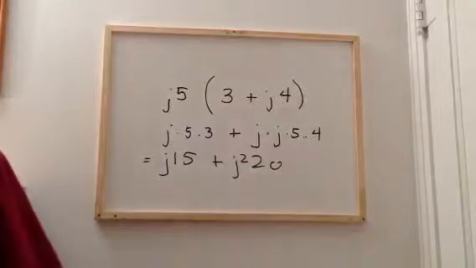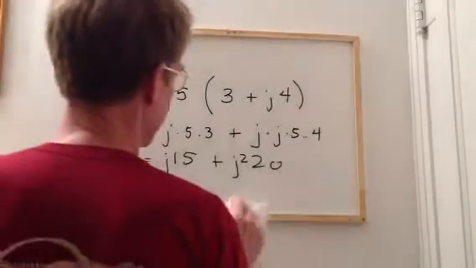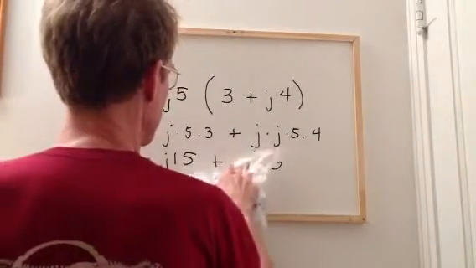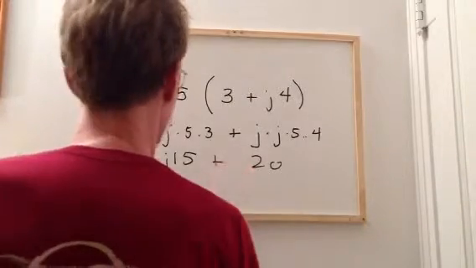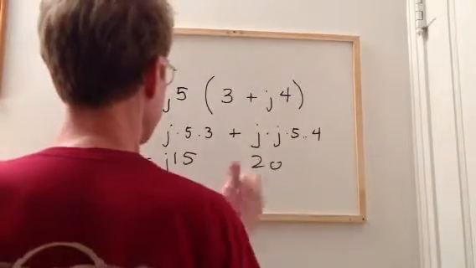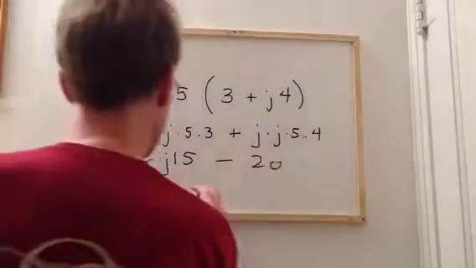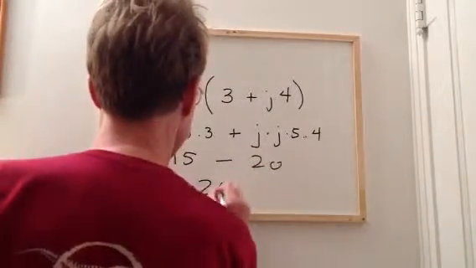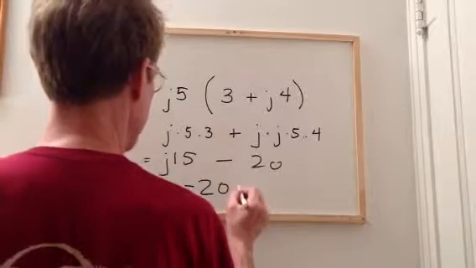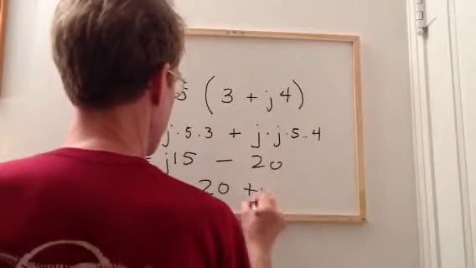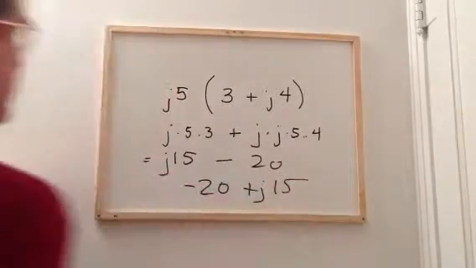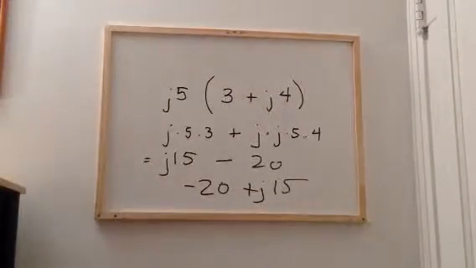Well, J squared is minus 1. So actually we're subtracting 20. Well, that's in the wrong order. We should switch it around and say that this product is minus 20 plus J15.